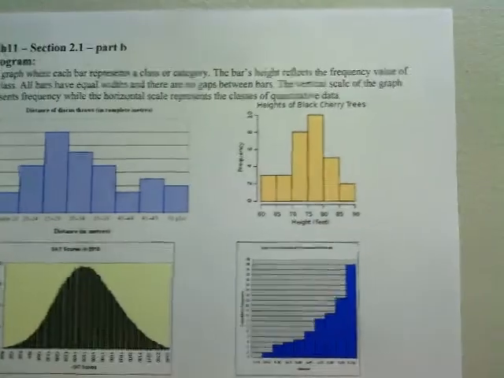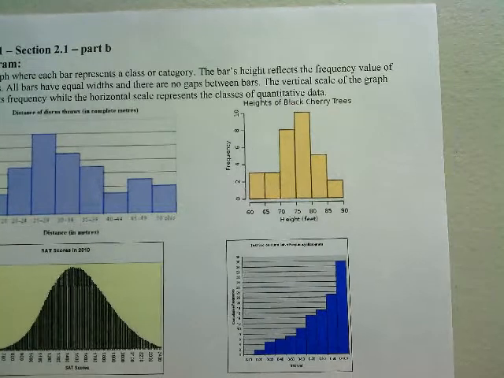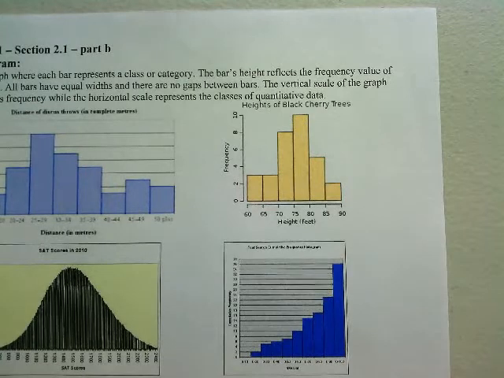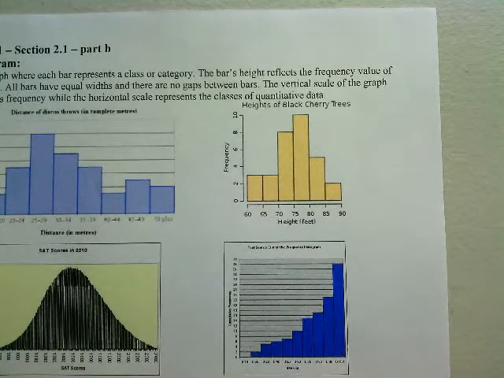And then here we have test scores, a cumulative frequency histogram. Note how the bars go from small to big, because we're actually doing a histogram of a cumulative frequency distribution. By the time you get to the last one, that 30 should represent all of the data values together.